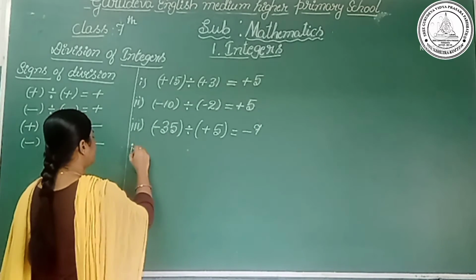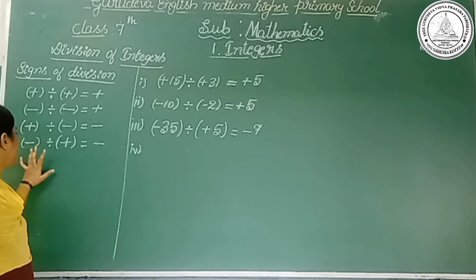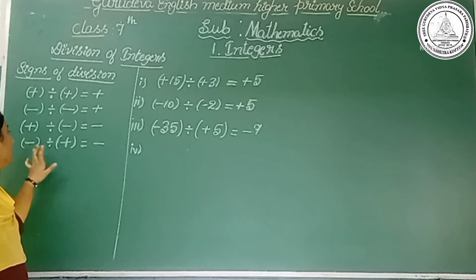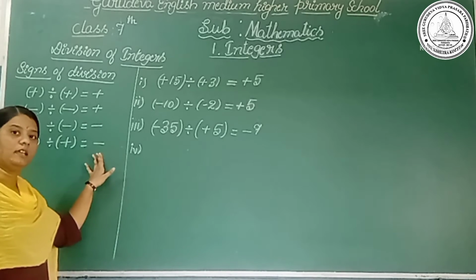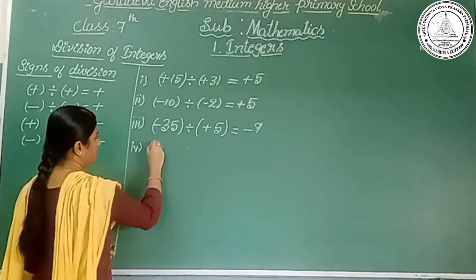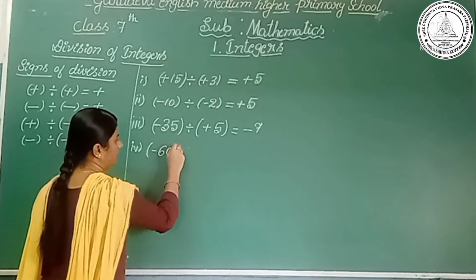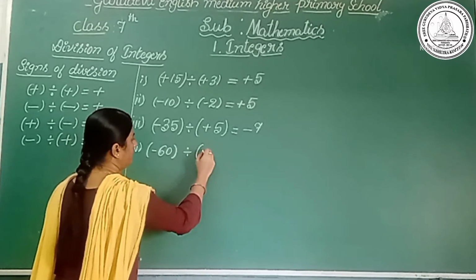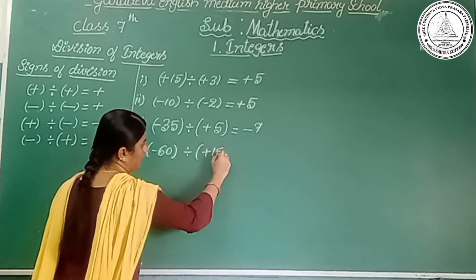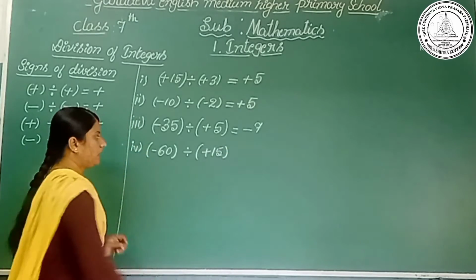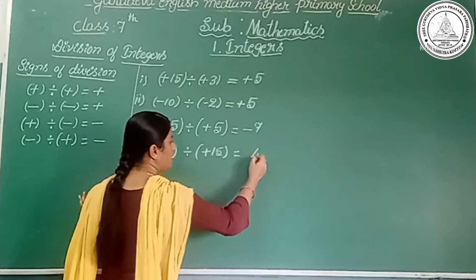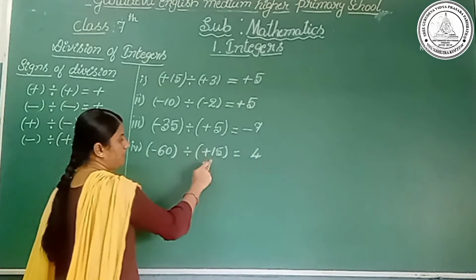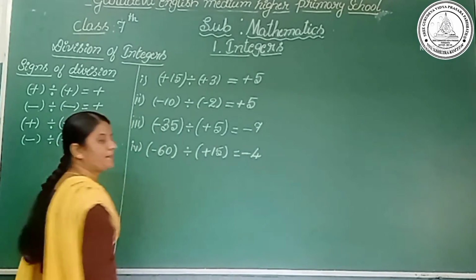Then the last one: if we divide a positive integer by a negative integer, we will get the quotient as a negative integer. Minus 60 divided by plus 15. 15 fours are 60. 4 is the quotient. Minus by plus is minus.